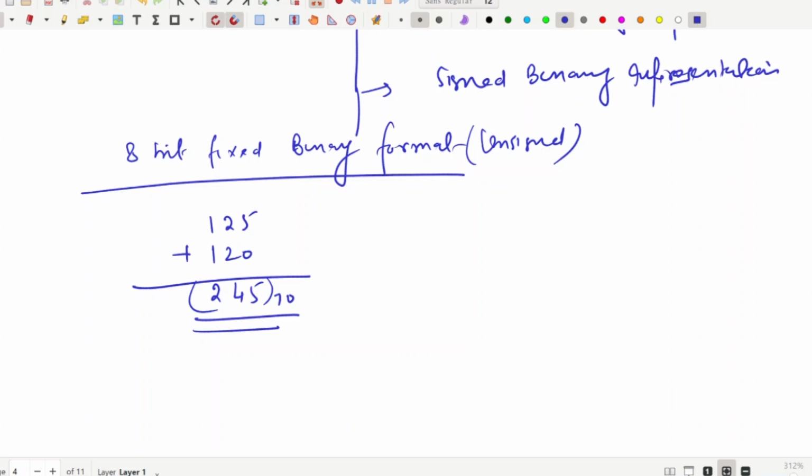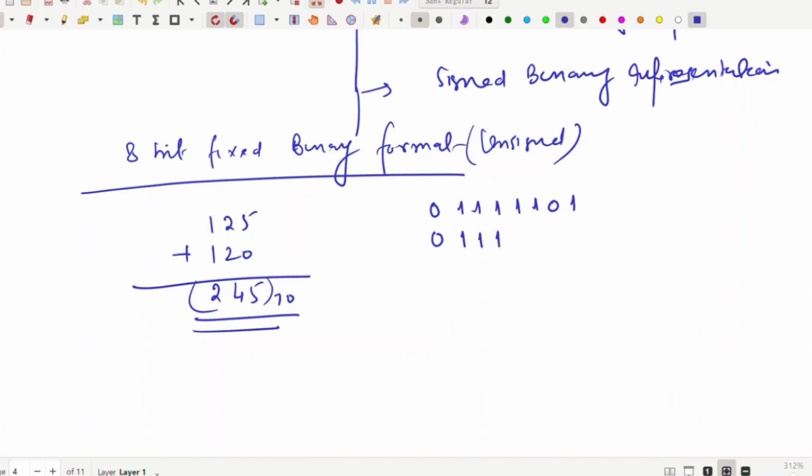So 125 is represented as 0, 1, 1, 1, 1, 1, 0, 1. Again 120 is represented as 0, 1, 1, 1, 1, 0, 0, 0.